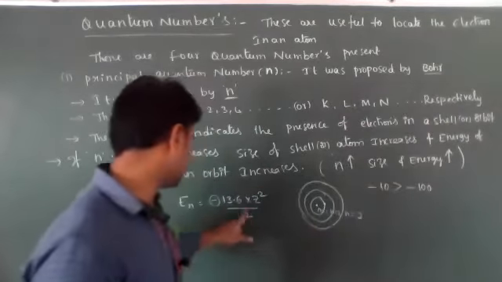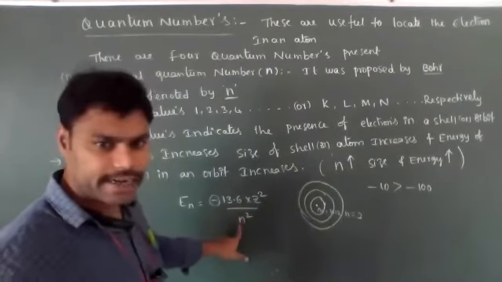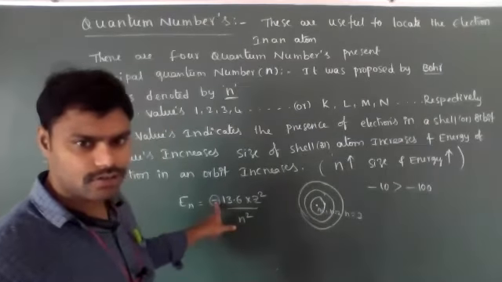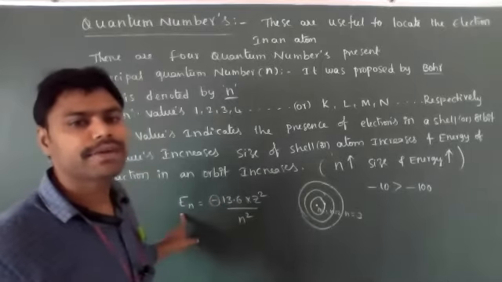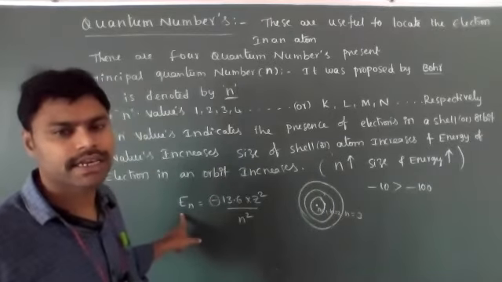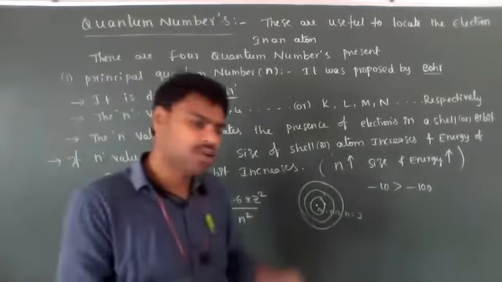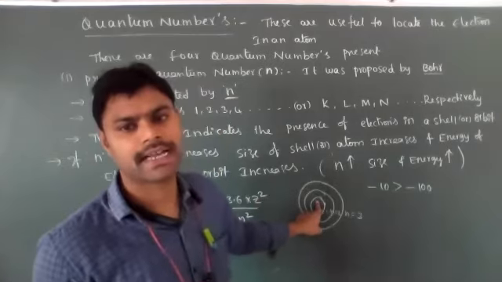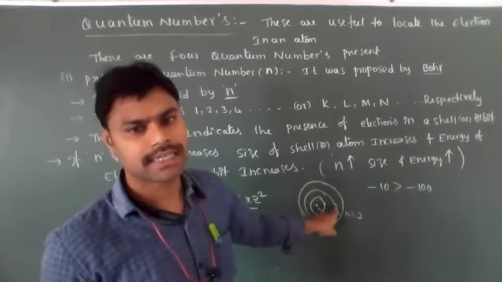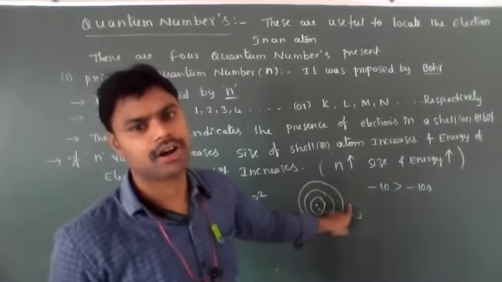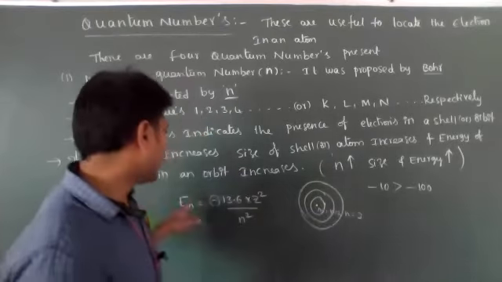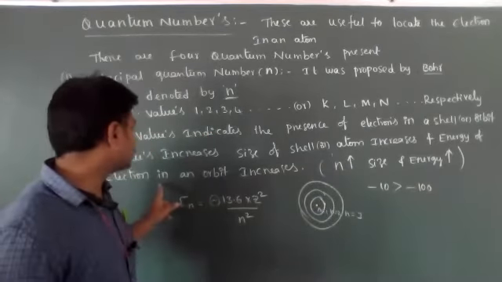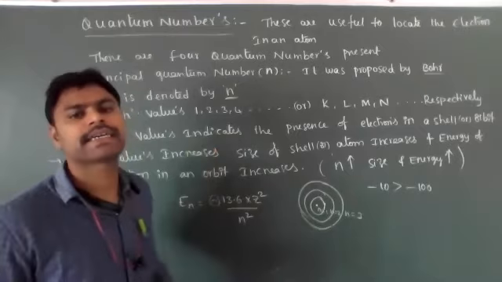If the n value increases, the denominator increases, so the negative value decreases, meaning energy increases. An electron in the first orbit has lower energy than in the second, third, and fourth orbit. That's why as the n value increases, the energy of the electron in an orbit increases.